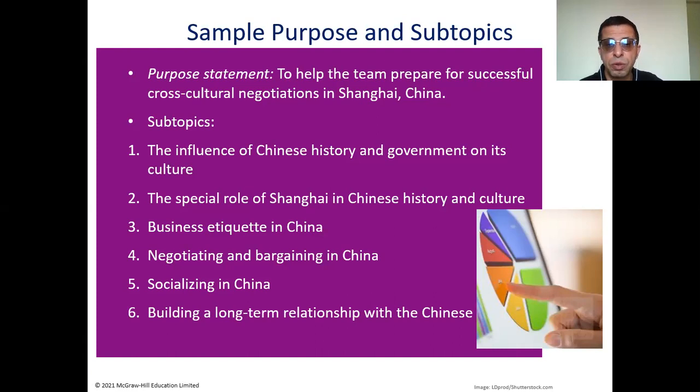So the subtopics will be the influence of Chinese history and the government on its culture, the special role of Shanghai in Chinese history and culture, business etiquette in China, negotiation and bargaining in China, socializing in China, and building a long-term relationship with the Chinese.